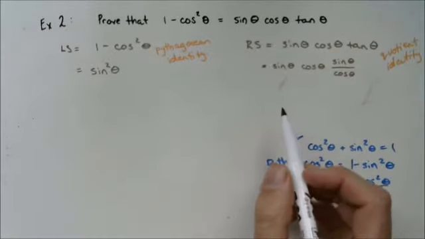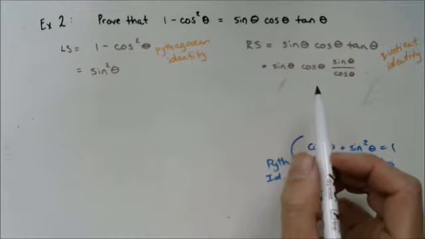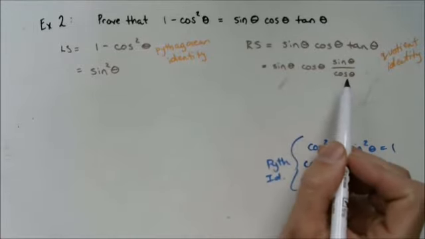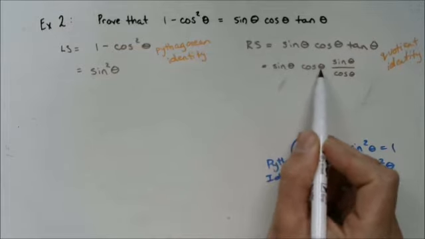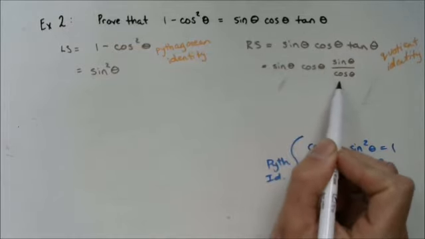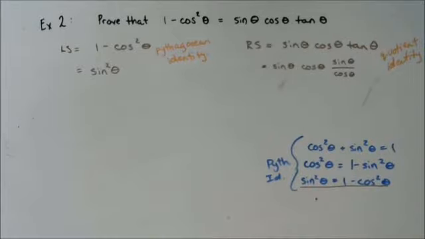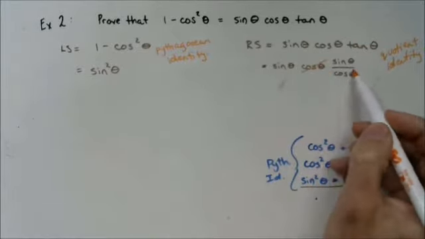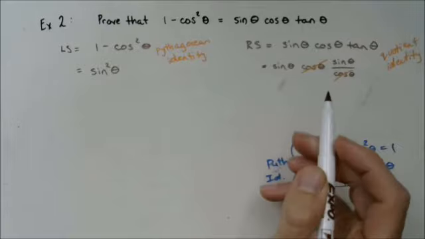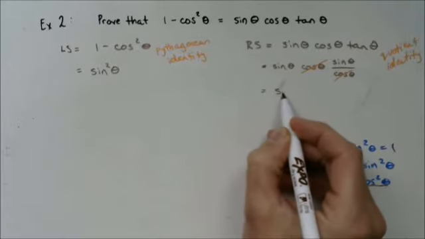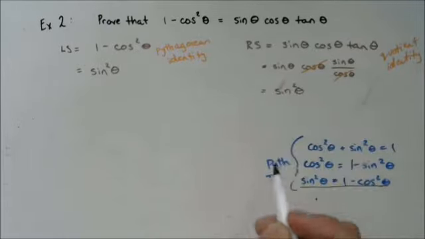So I'll move back over here to the right side, where we see a string of things being multiplied together, but I notice that I now have a cosine in the numerator and a cosine in the denominator. So by basic algebra skills, don't those just equal 1? They cancel each other out, leaving me with sine times sine in the numerator, which is sine squared.